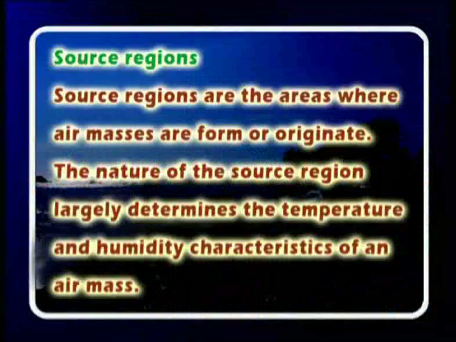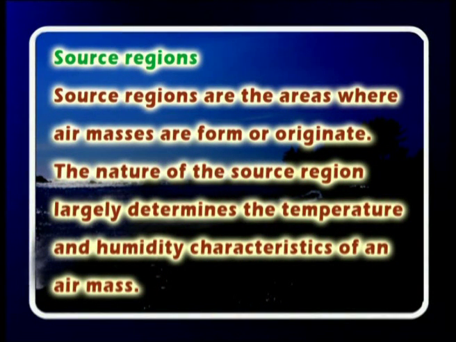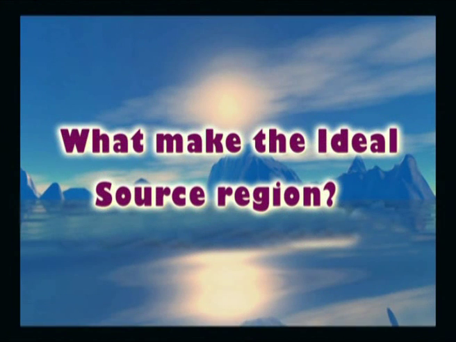Source region. Source regions are the areas where air masses are formed or originate. The nature of the source region largely determines the temperature and humidity characteristics of an air mass. What makes an ideal source region? It must be an extensive and broadly uniform surface.